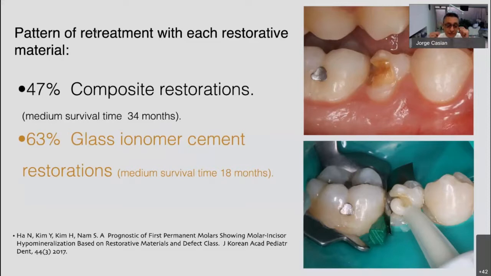But 63% of glass ionomer cement restorations needed to be replaced after 18 months, which demonstrates an erratic clinical performance of glass ionomer cement restorations in the medium term.